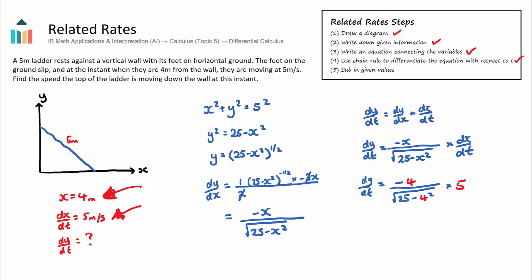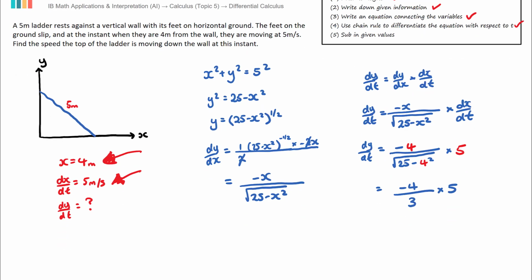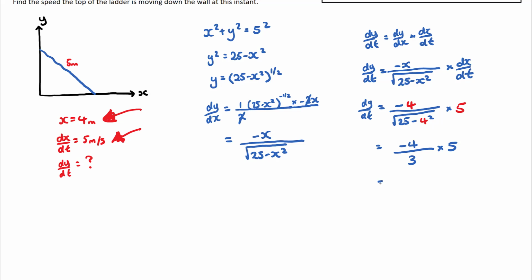Okay, let's calculate this now. We have dy/dt equaling negative 4 over the square root of 25 minus 16, which is the square root of 9, which is just 3. Let's times this by 5, and what we get is negative 20 over 3, which as a decimal is negative 6.66 recurring.